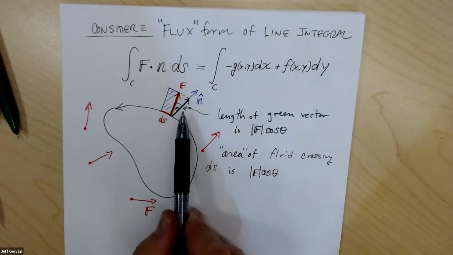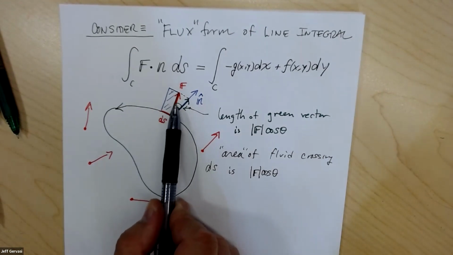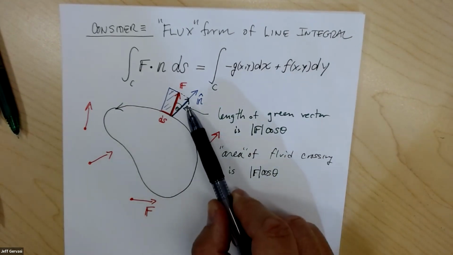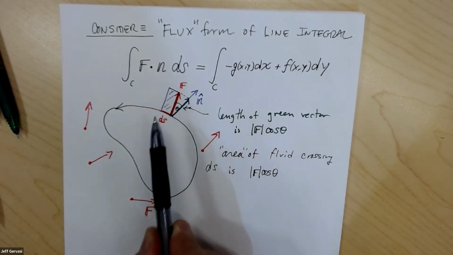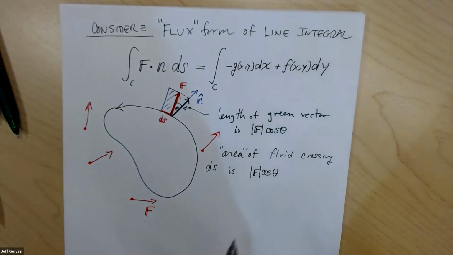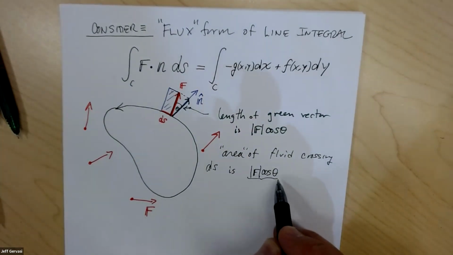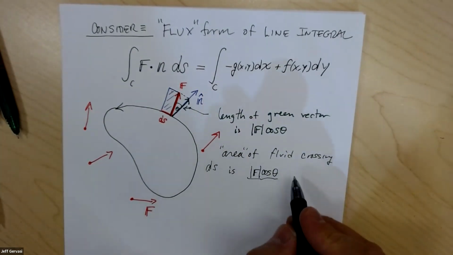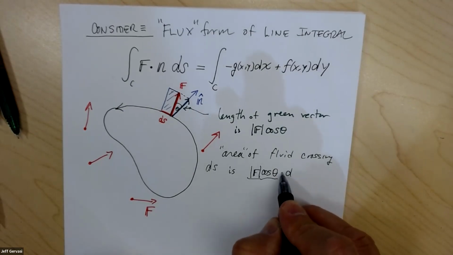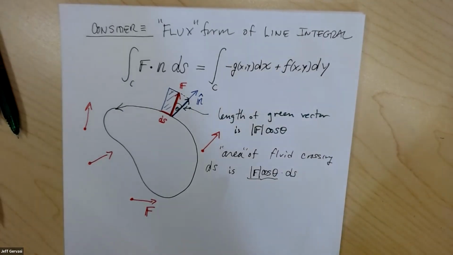And why is that? Because that gives me the height of the blue rectangle. When I project the vector F onto N, the length of that green vector gives me the height of the blue rectangle. Here's that height, and if I multiply the height by the base, then I'll have this, the area of that blue rectangle. Now watch this.